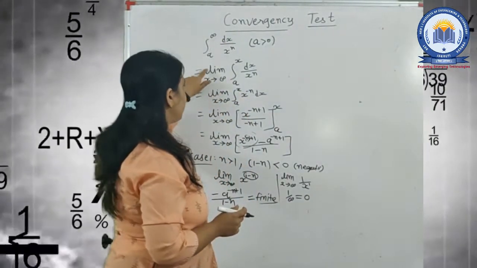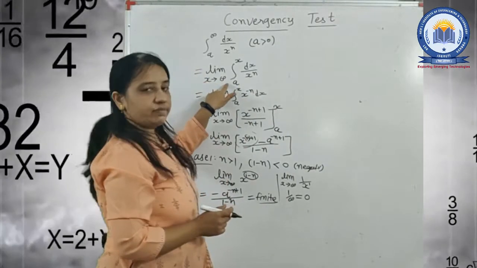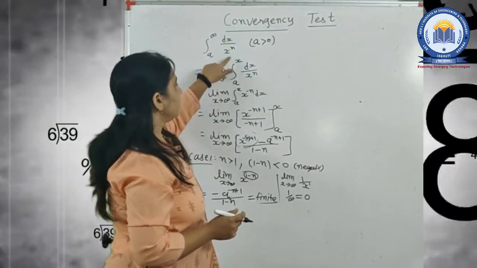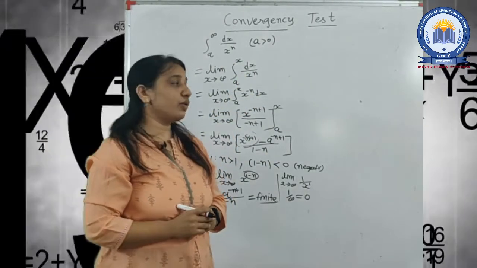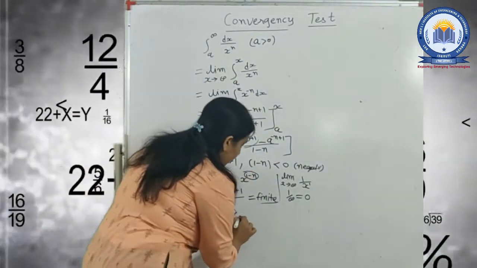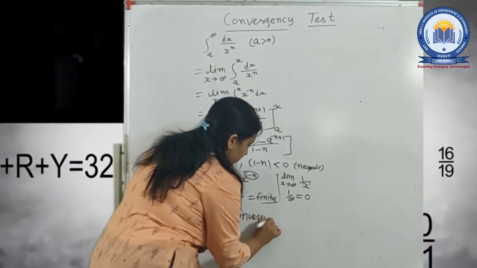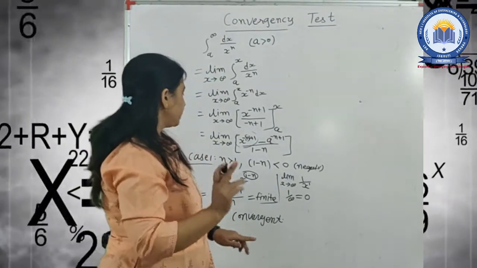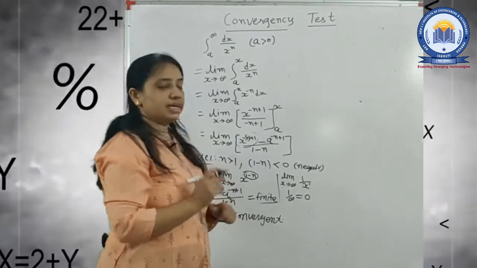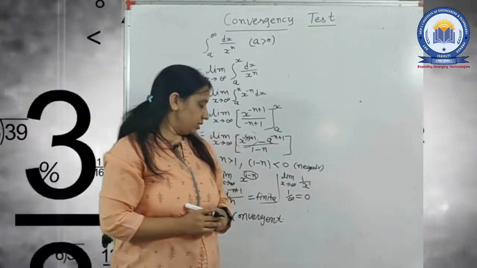That means limit x tends to infinity, integration a to x dx upon x raised to n is convergent when n is greater than 1.